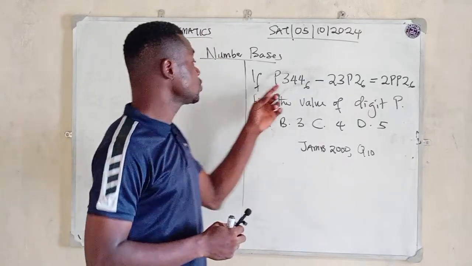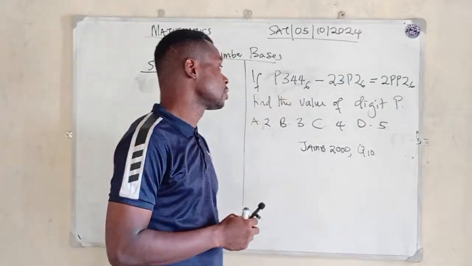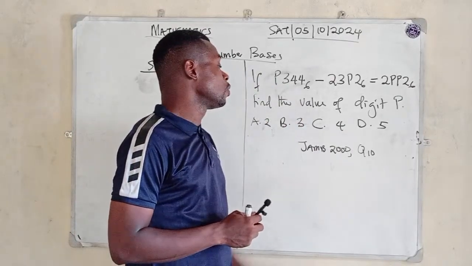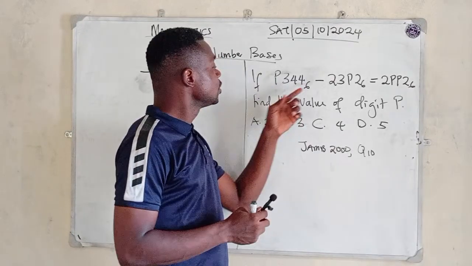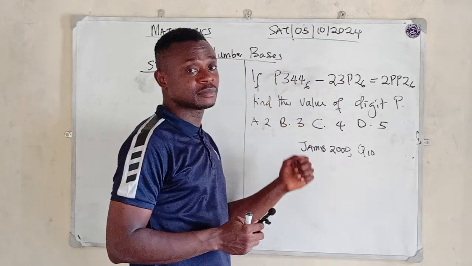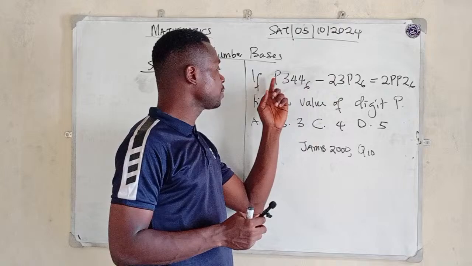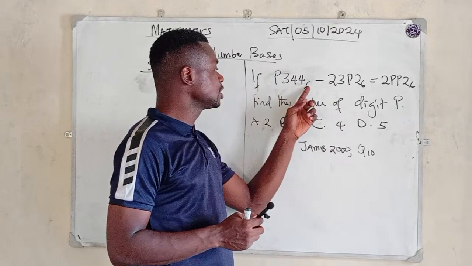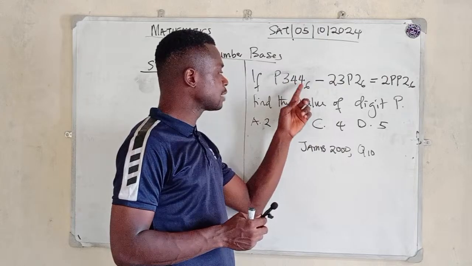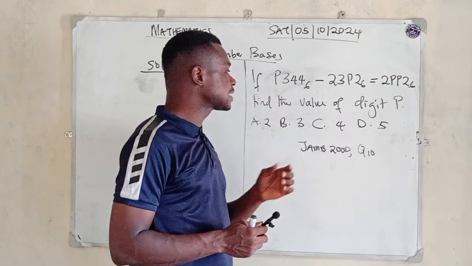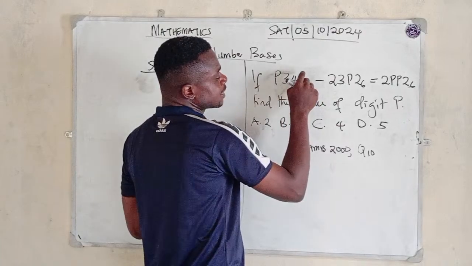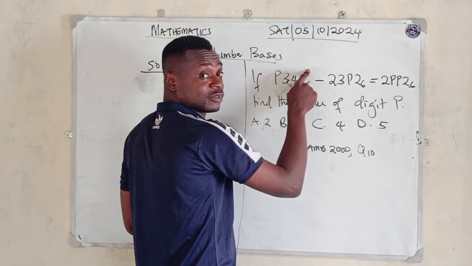For us to move this number to base 10, we use their base to multiply. You use the base to multiply this, put it in bracket, use the base again to multiply this, put it in bracket. Then we start indicating their place value.